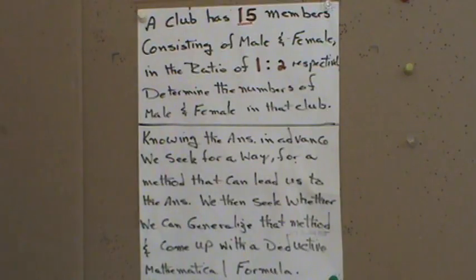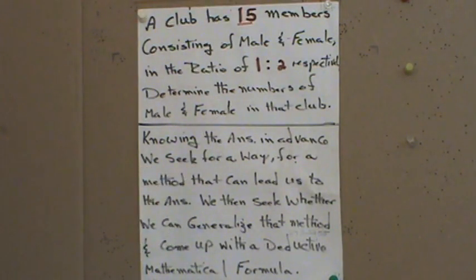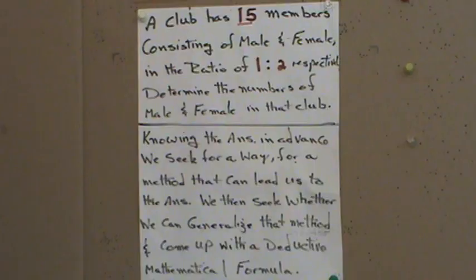We don't know. What we do know is that it is in the ratio of 1 to 2, which means it is going to be a multiple of the ratio of 1 to 2. We want to know what that constant multiple is through simple examples like that.